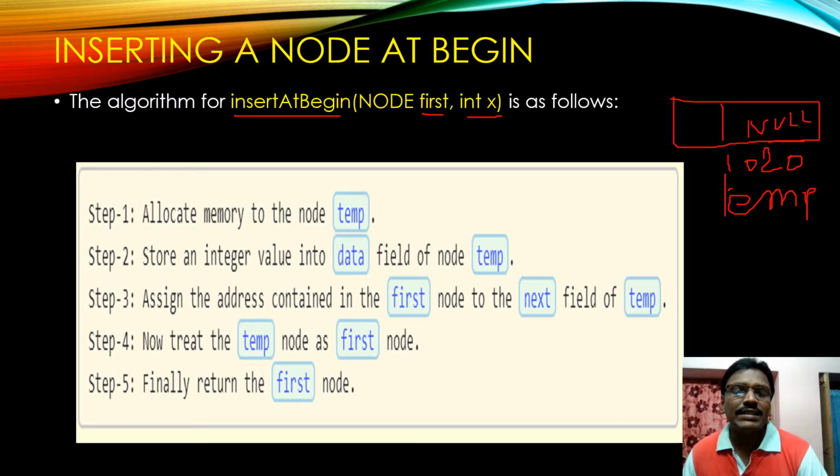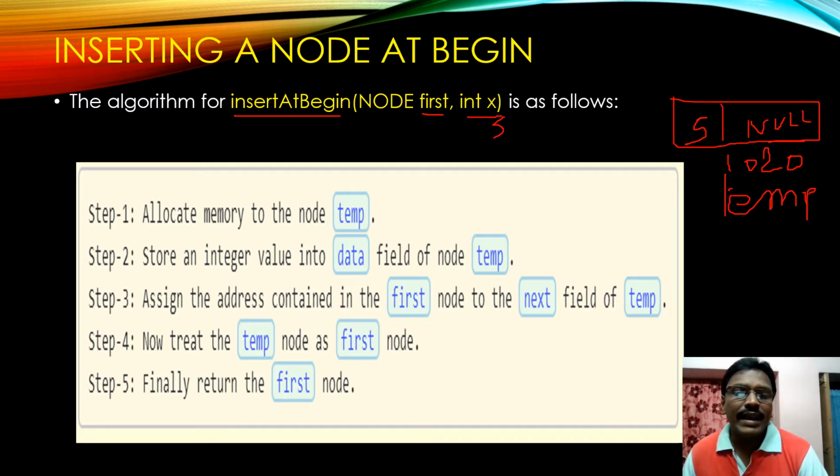Then the second step, store the integer value into the data field of node temp. It means the temp data represents this location. In this location, the x value is stored. For example, if x is 5, then the value 5 is stored in the temp data.